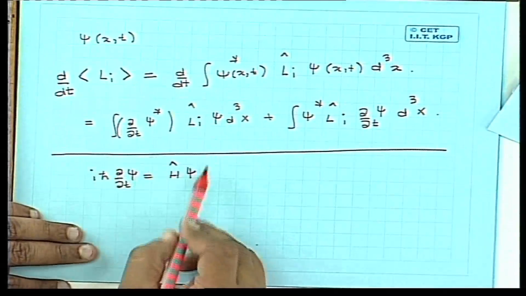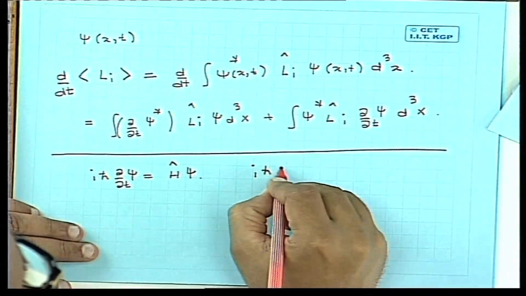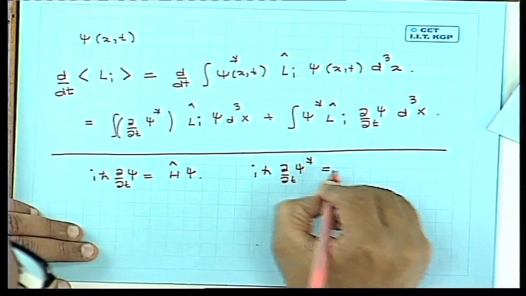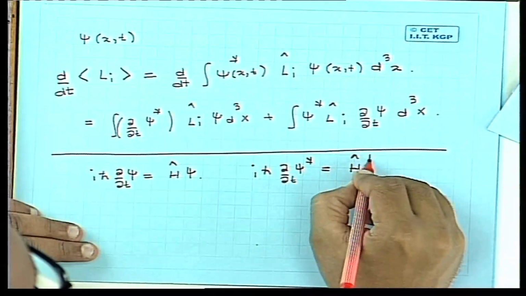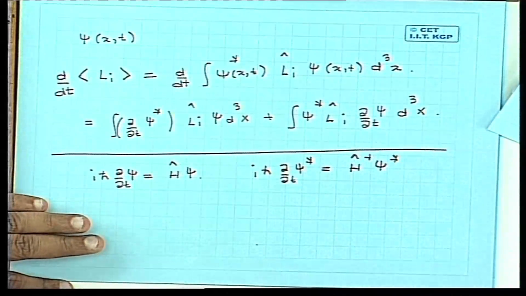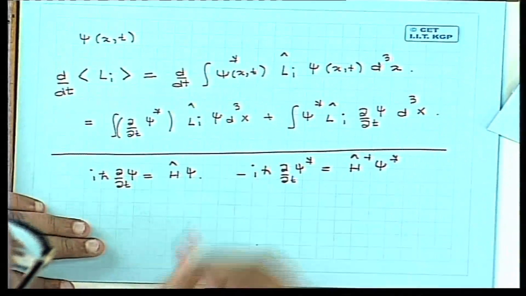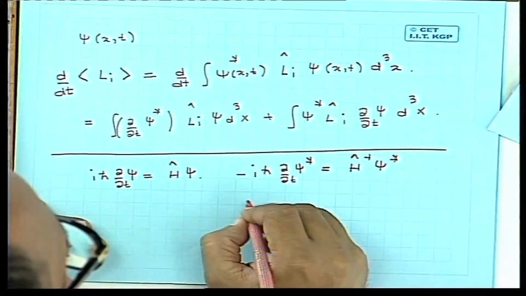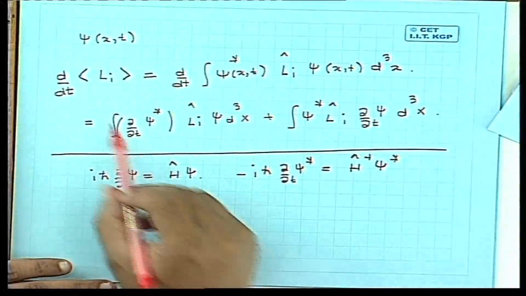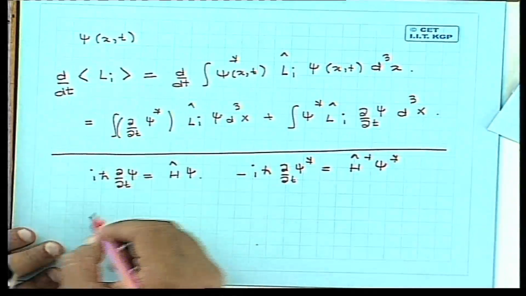If we take the complex conjugate of this, then we know that i h cross del by del t of psi star is equal to H dagger of psi star, but H dagger is the same as H. So there should be a minus sign here. So we can use these two in this to calculate how the time derivative of the expectation value behaves. So let us do that.